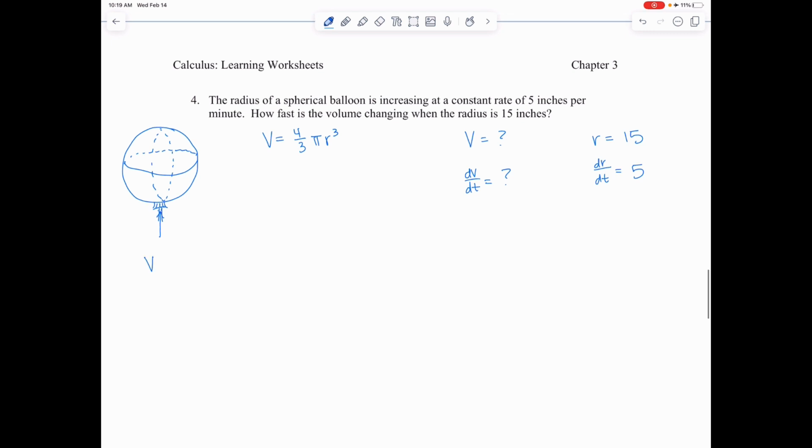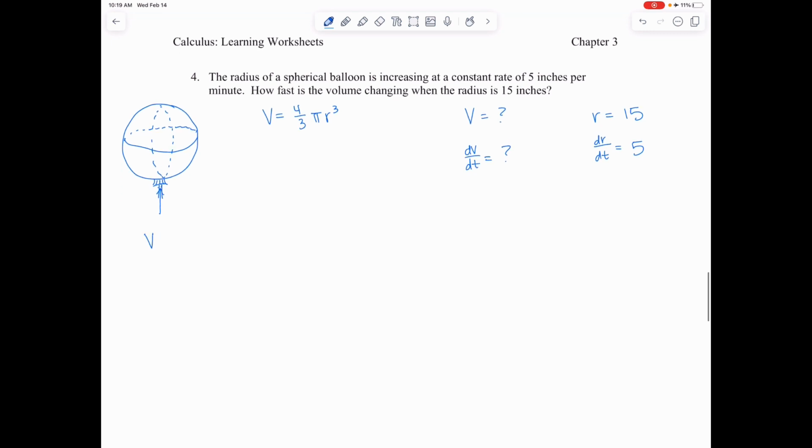Our volume, 4/3 pi. The r we're looking at is 15 cubed.